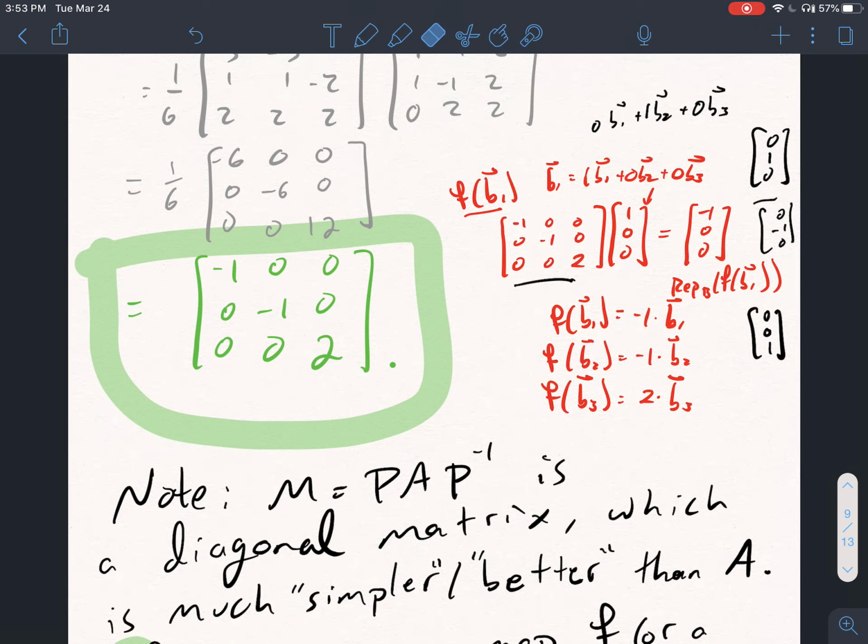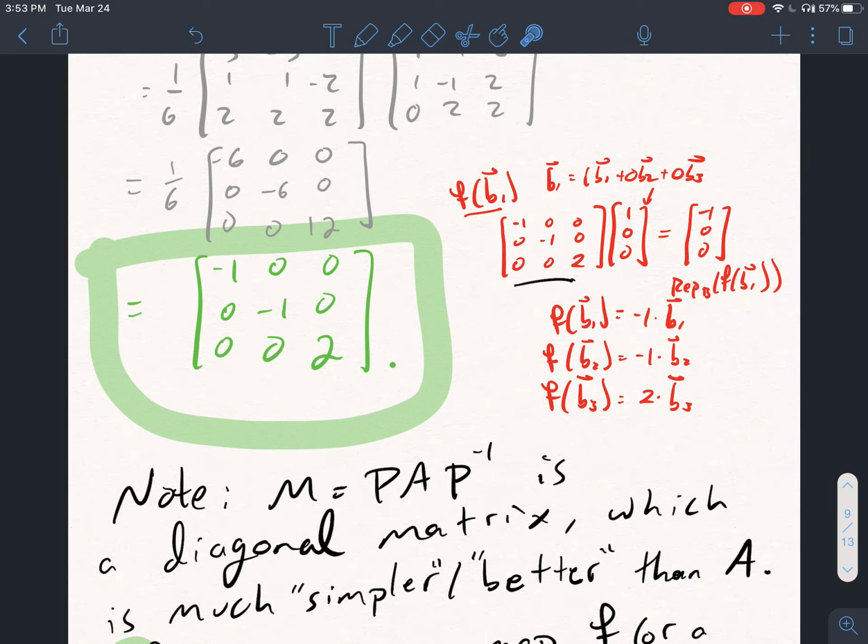So anyway, this is really good because this is telling us that b1, b2, b3, these are all examples of eigenvectors, and -1, -1, and 2 are the eigenvalues associated to them.